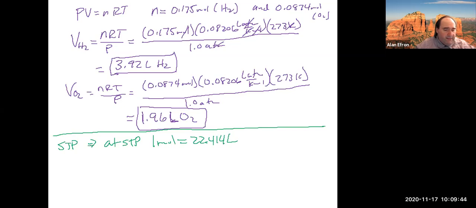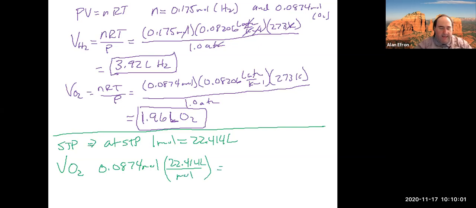So if you wanted to, for example for the O2, you could have taken the moles of it and just multiplied it by 22.414 liters, and you should end up with pretty much the exact same answer, which is 1.96 liters.